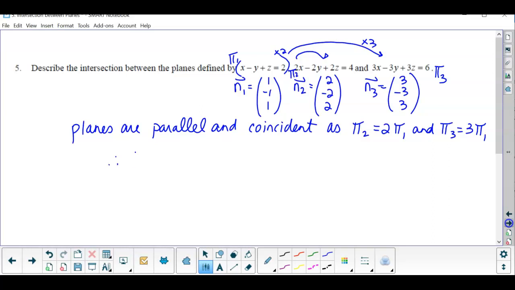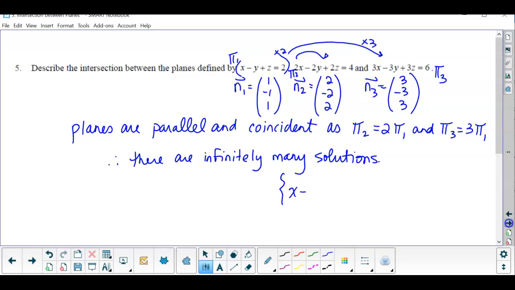So, therefore, there are infinitely many solutions. And the solution set would just be, choose one of the equations. I'll choose the simplest form equation of the plane.